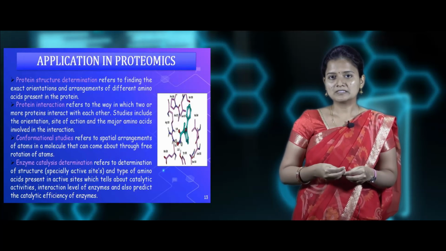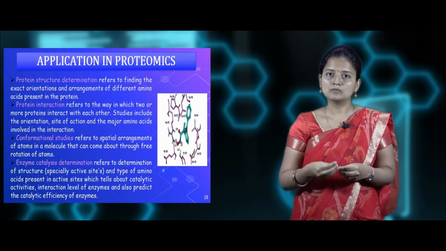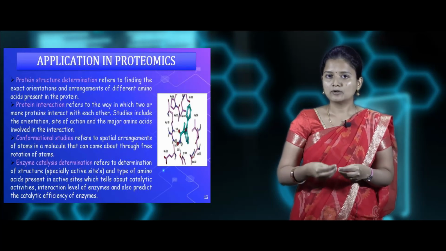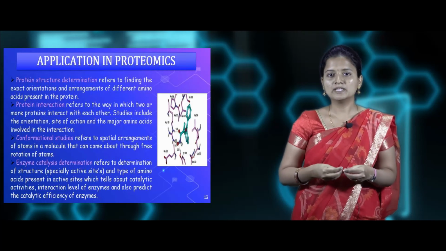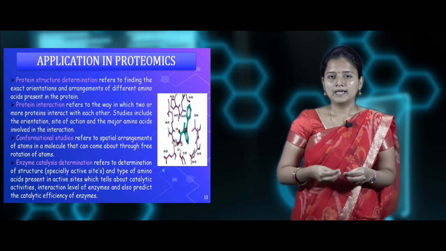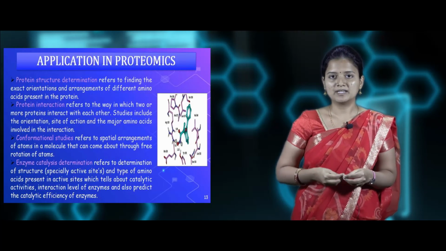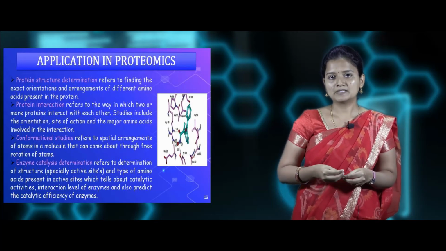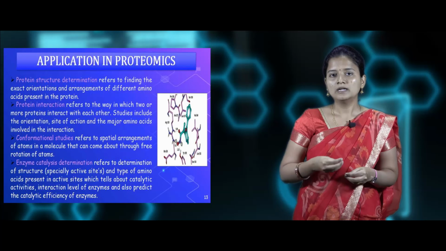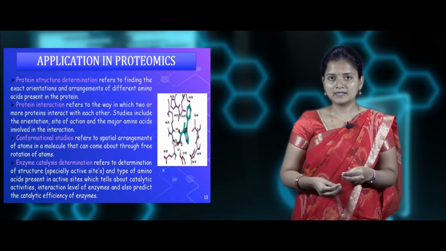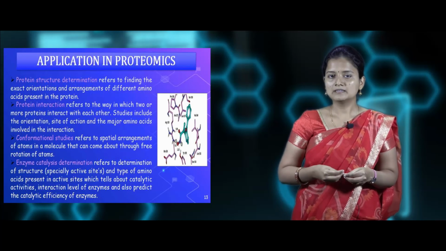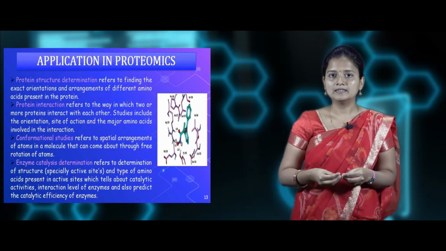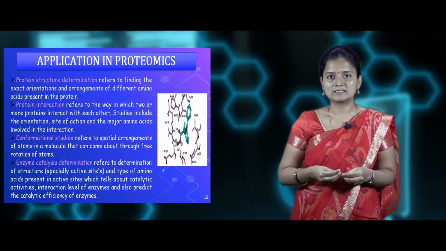In conformational studies, we can get to know the atoms involved in protein formation or the molecules involved in crystal formation, and also the chemical bonding interactions. And finally, enzyme catalyst determination. Here we are able to find the active sites present in the enzyme and the major amino acids present in the active sites, and then the catalytic efficiency, catalytic ability, and catalytic interaction of the enzyme can be studied in an appropriate manner by using X-ray crystallography.